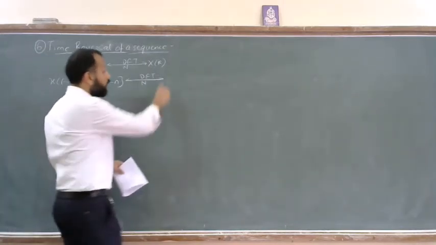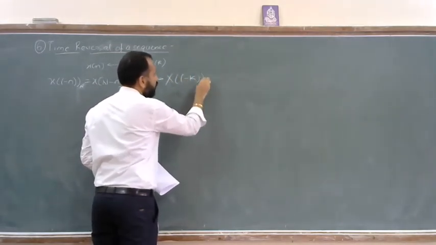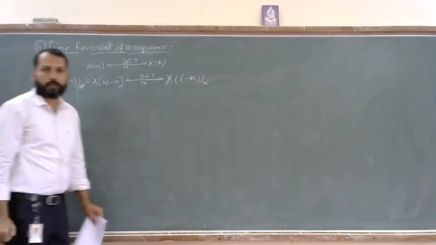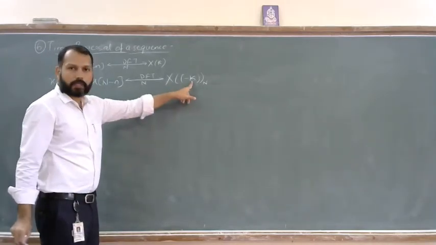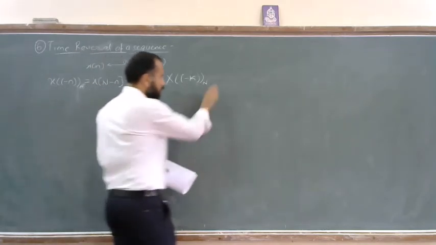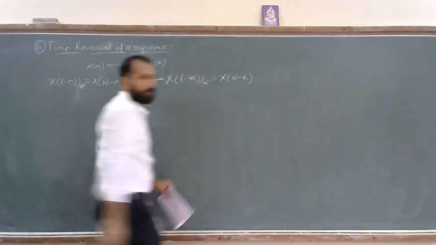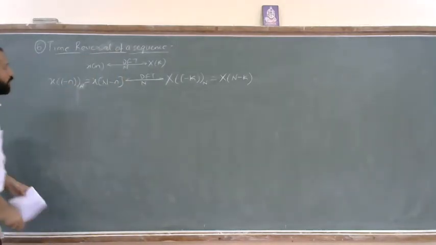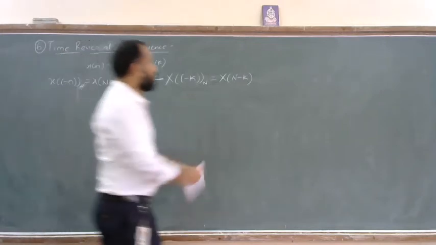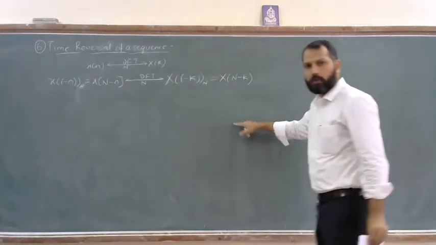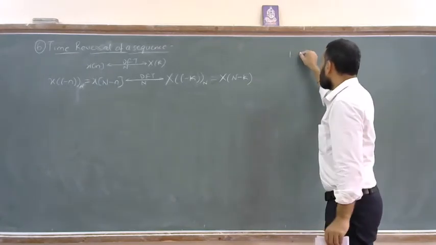The DFT will also be circularly folded, given by X of minus k modulo N, or it can also be written as capital X of N minus k. At this point, you can verify it. Take a 4-point sequence, let's say 1, 2, 3, 4.